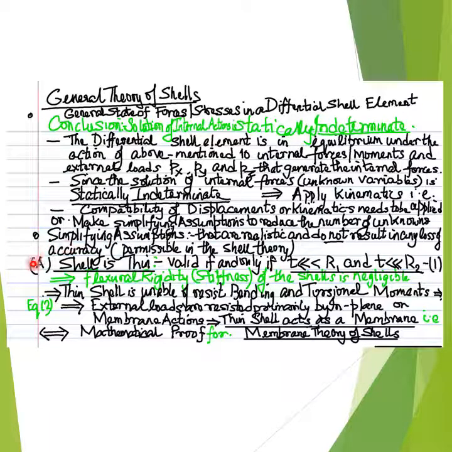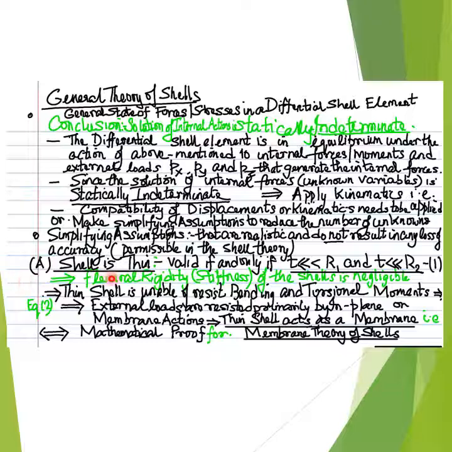And the thin shell assumption that is based on the idealization that the shell is thin is valid if and only if the thickness of the shell is much less than the radius of curvature R1 as well as the radius of curvature R2.